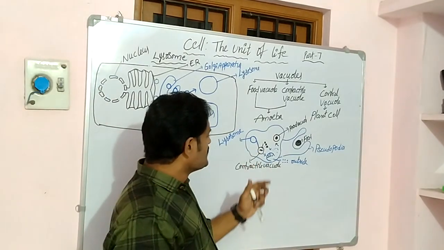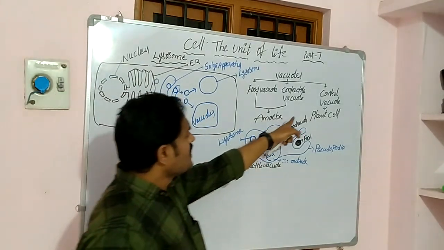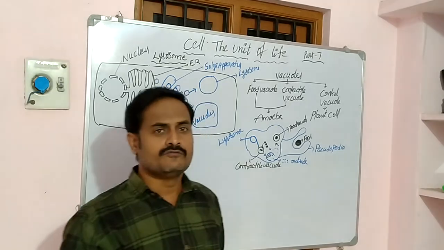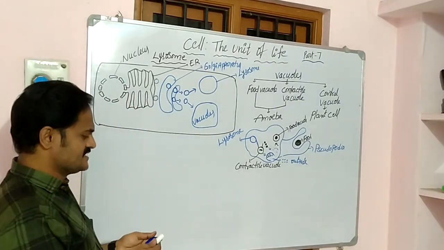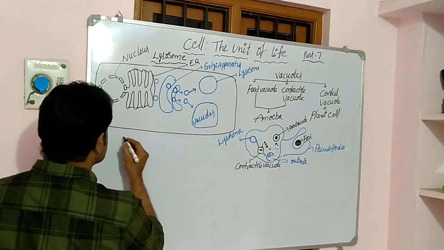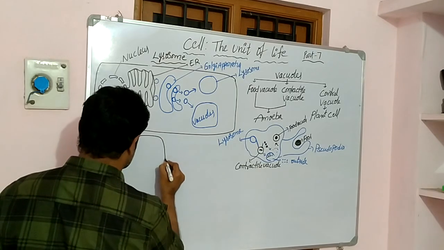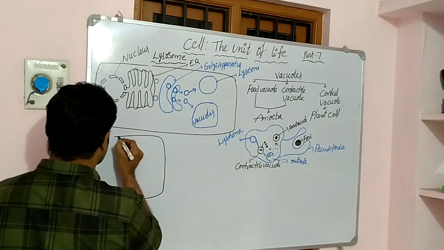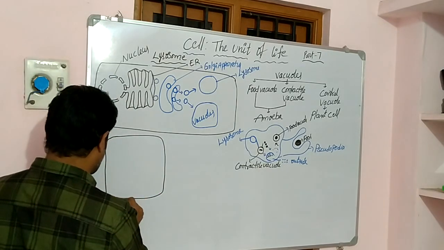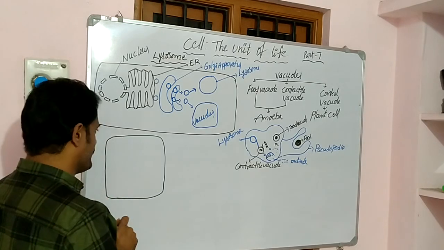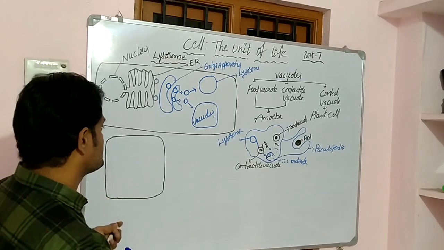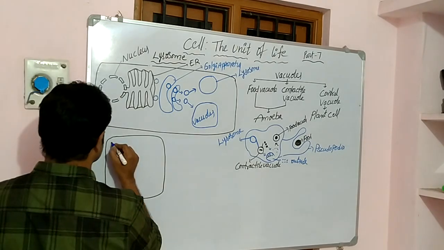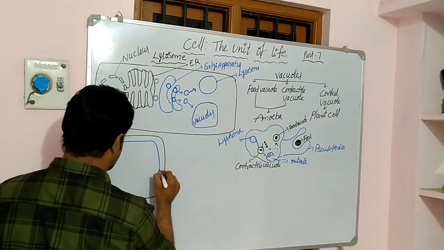Okay. Next, coming to the central vacuole. The central vacuole is present only in the plant cell, remember. Already you know very well, the plant cell has two layers, one outer thick layer and one more thin inner layer.